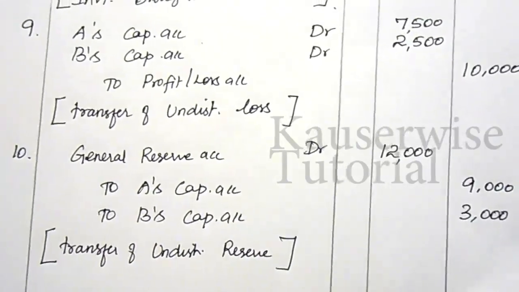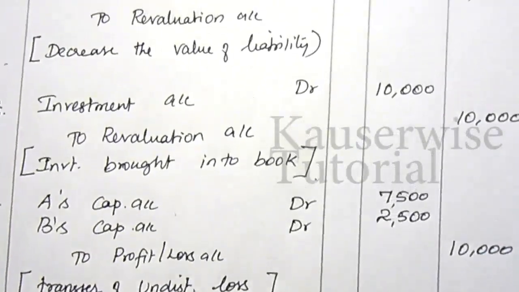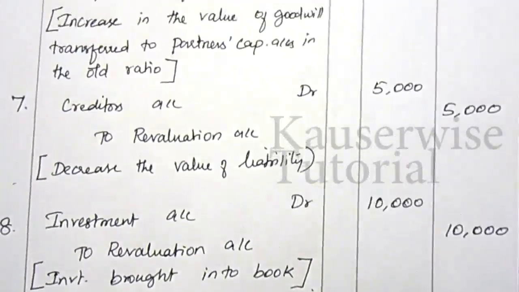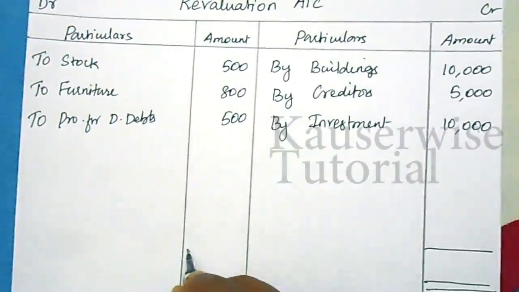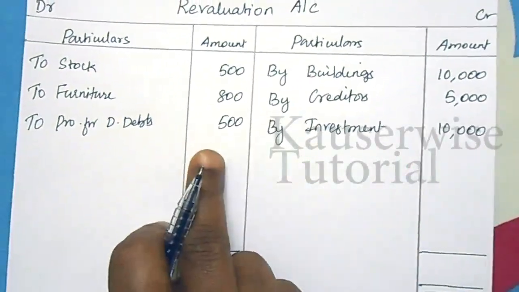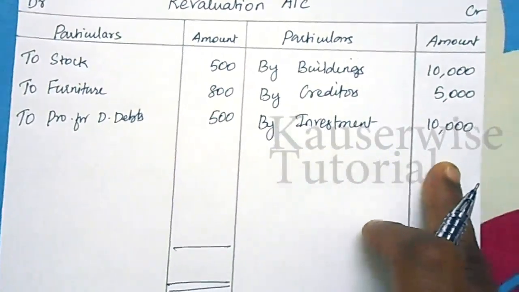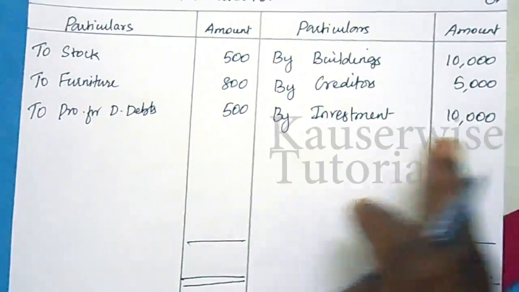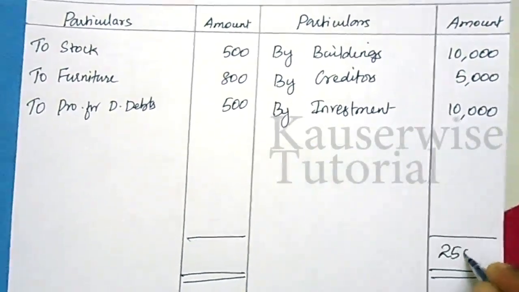So that's all. With this you can close the revaluation account in order to find out profit on revaluation or loss on revaluation. Get the total. Just find which side is the highest value. Debit side we have got 1,800, but credit side 25,000. So this amount is greater than this amount. So enter the higher value, that is 25,000.